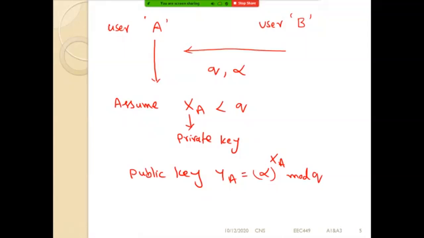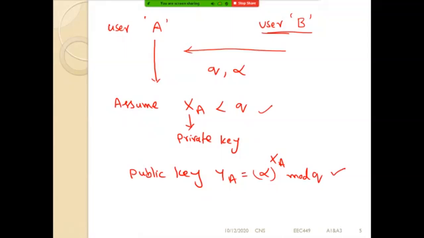Again I'm repeating, if user B wants to communicate with user A, the process will start from user A. This fellow randomly generates the private key, and the public key is generated using the prime number, the private key, and alpha, which is called the primitive root.